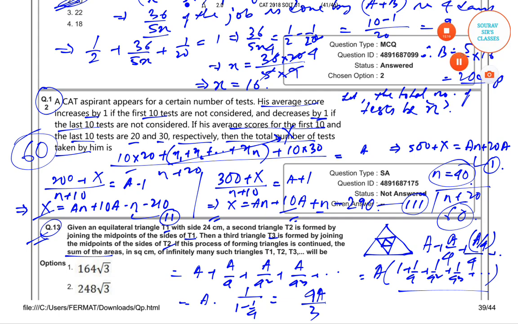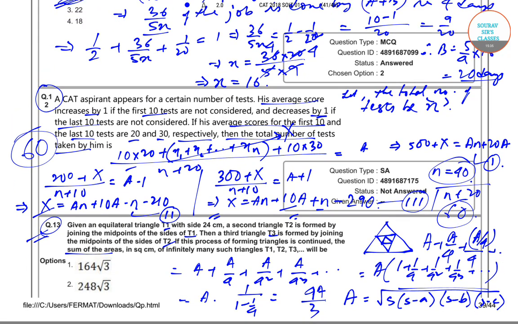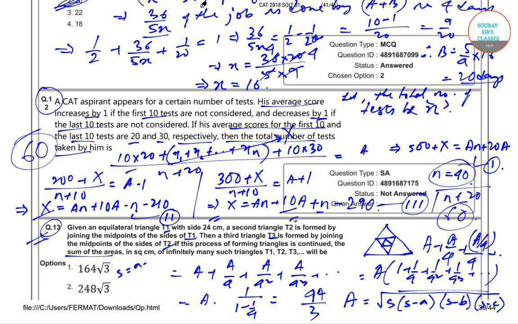As we know, the area of a triangle is given by root over s into s minus a, s minus b, s minus c, where s is equal to a plus b plus c by 2, half of the perimeter. Okay, so now here a, b, c are all equal to 24. So s here will be equal to 24 plus 24 plus 24, which is 72 by 2, and that will be 36.